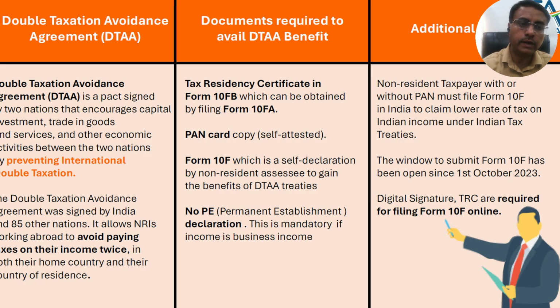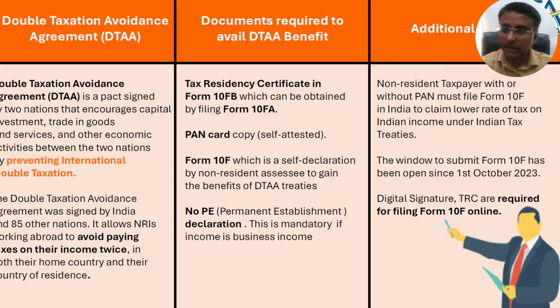Normally, when you get a TRC certificate from the foreign beneficiary, you have to file Form 10F with the income tax department. So, my dear friends, what is Form 10F? Usually the TRC certificate is in their local language. Some TRC certificates do not contain all information. That's why the income tax department has come up with a specified format of the information that should be in a TRC certificate.